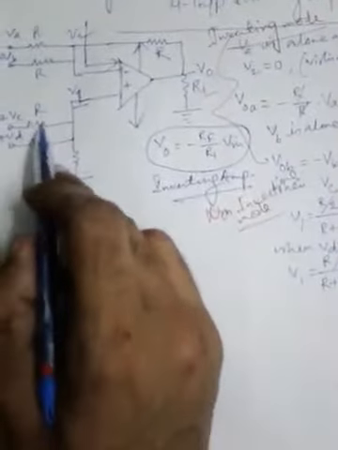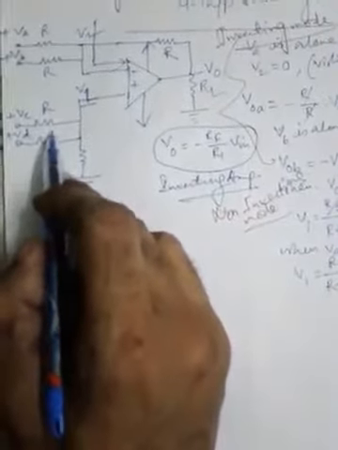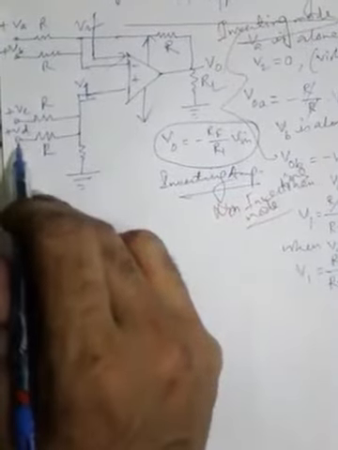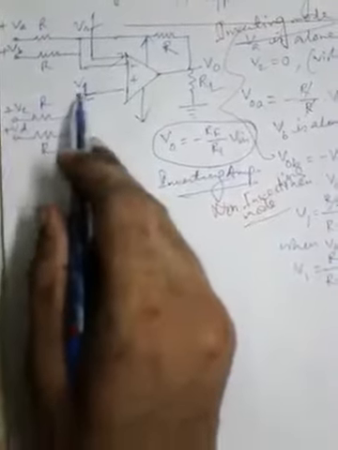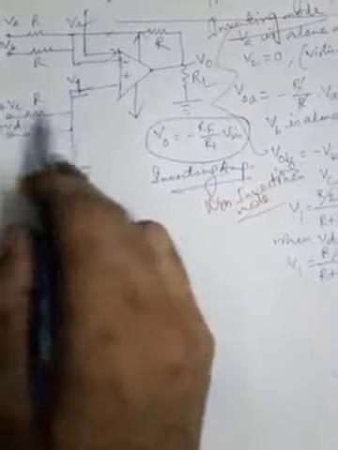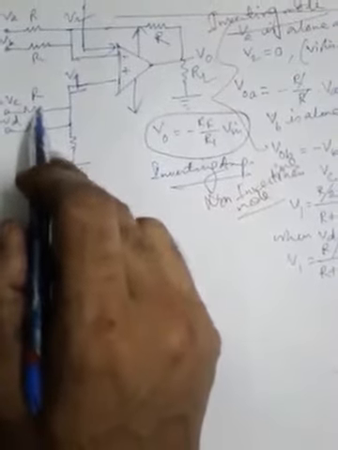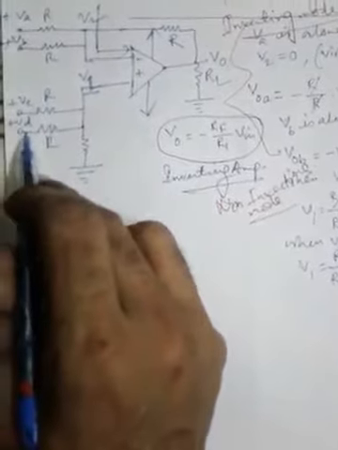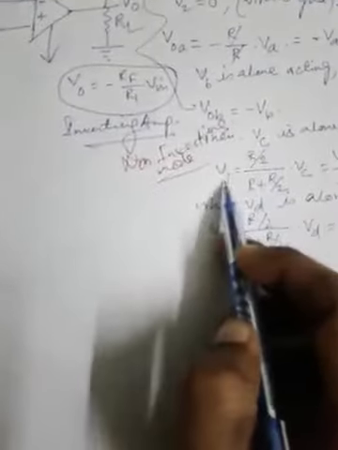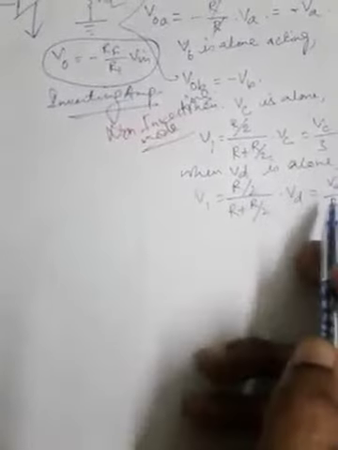That means in that case VC is at ground, the parallel equivalent of these two resistances is R by 2, and V1 is the voltage across this resistance R by 2, with the series of these two resistances R plus R by 2, into the applied voltage VD. So this is VD by 3. So this is V1 when VC is acting alone, and V1 when VD is acting alone is given by this.